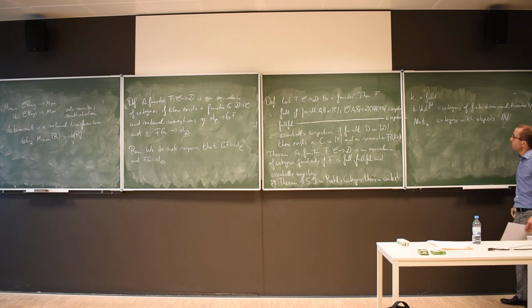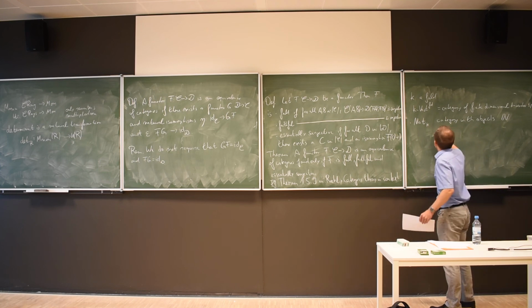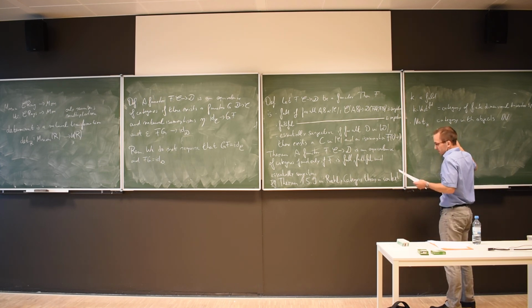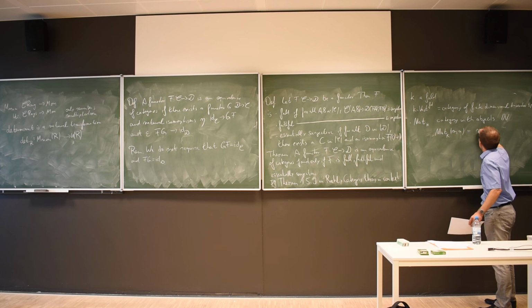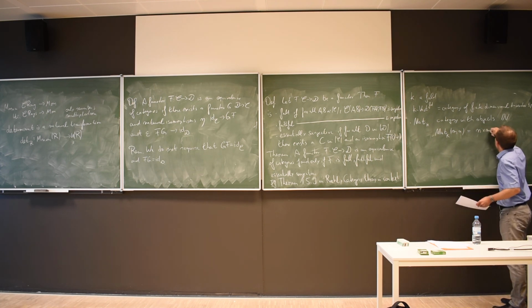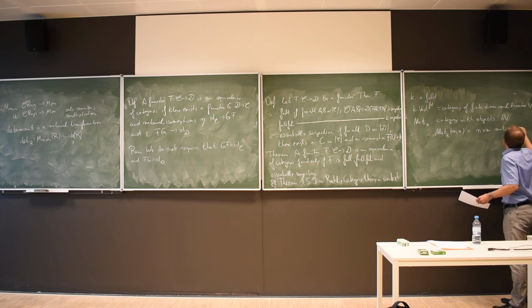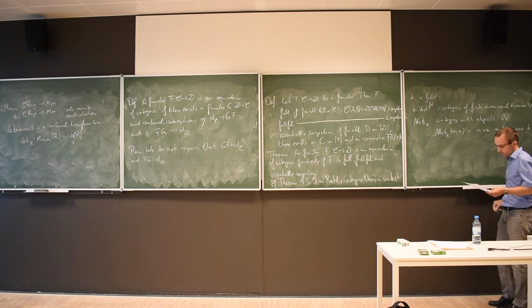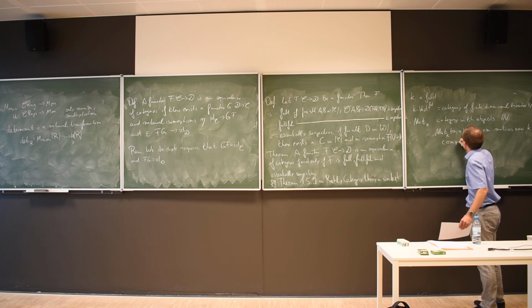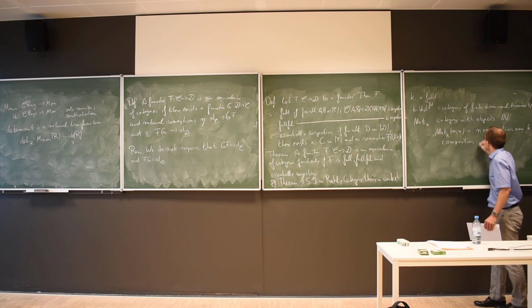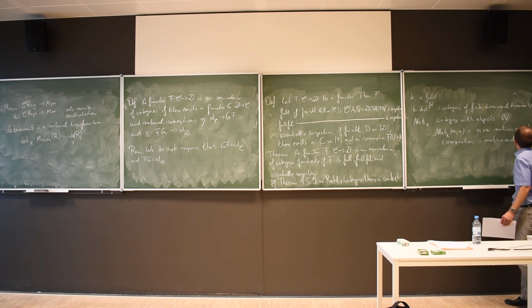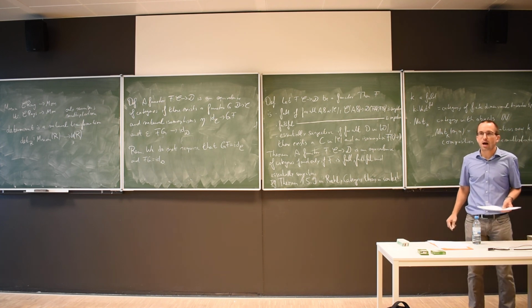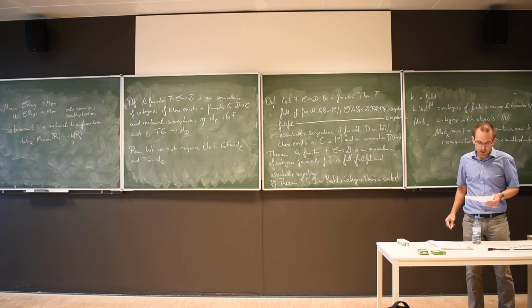So the set of objects is the set of natural numbers, and we define the morphisms from M to N to be the set of N times M matrices over our field K, and the composition in this category is just the ordinary matrix multiplication, and the identity morphisms are, of course, the usual identity matrices.